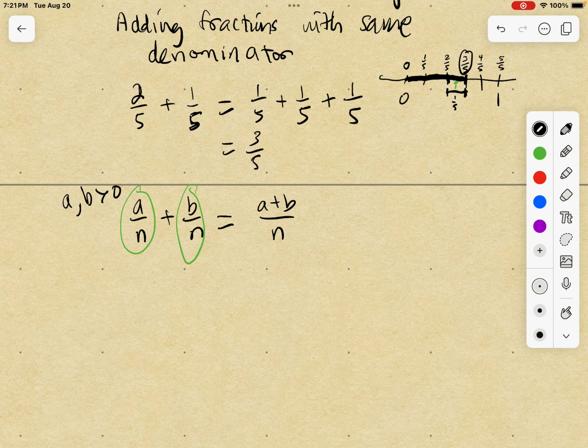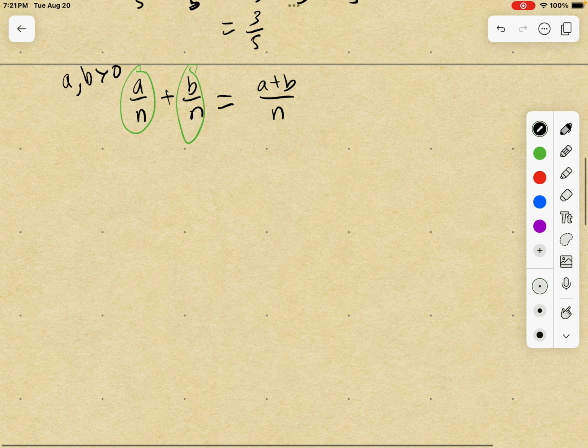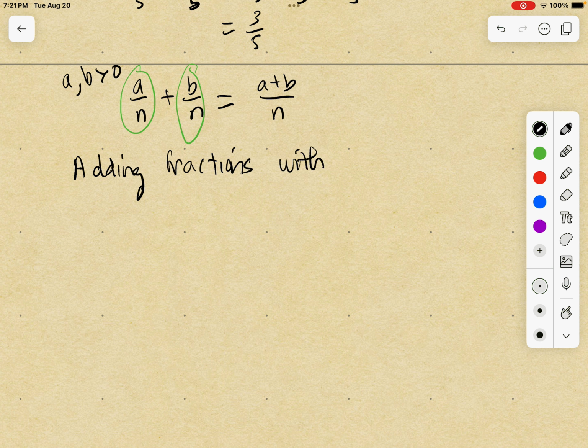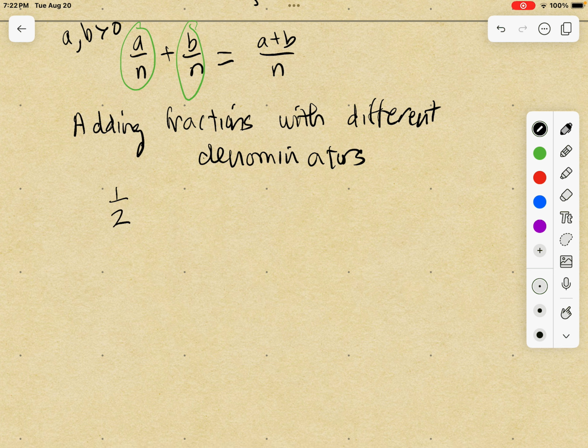Now let's say that you have fractions with different denominators. So let's do an example. Let's say you have 1/2 plus 1/4. Well, we can't do the same as what we did before, because 1/2 is what I get when I take 0 to 1 and split it into 2 pieces of equal length.